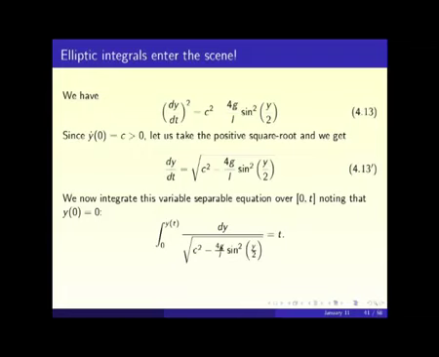So, what do we get? We would get the integral from 0 to y of dy by square root of c squared minus 4g by L sine squared y by 2 equals t. Now, we put sine y by 2 equals u.